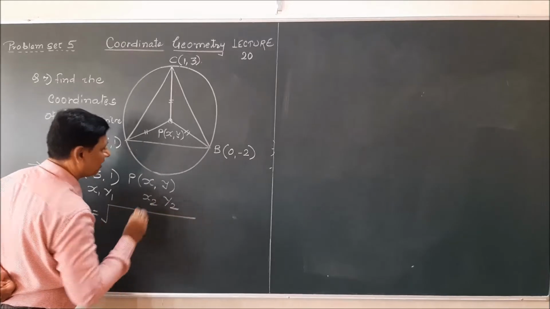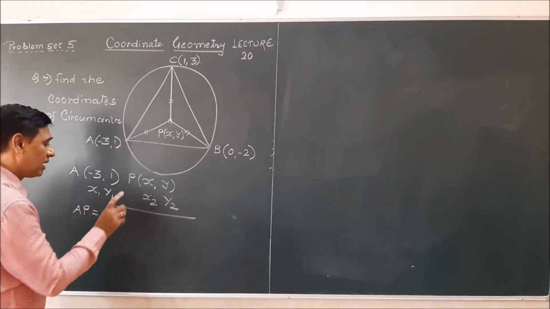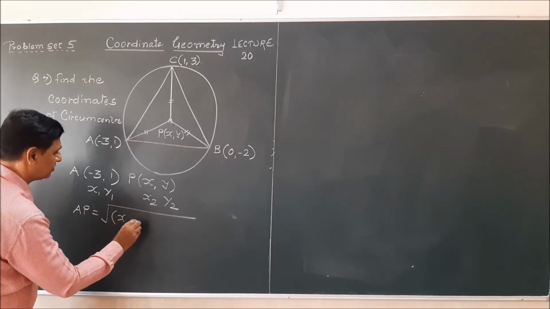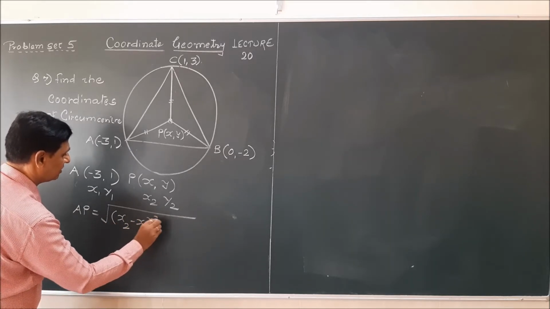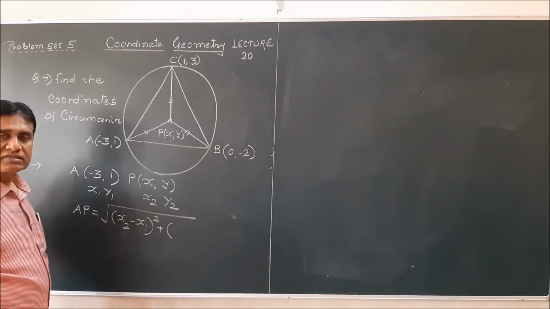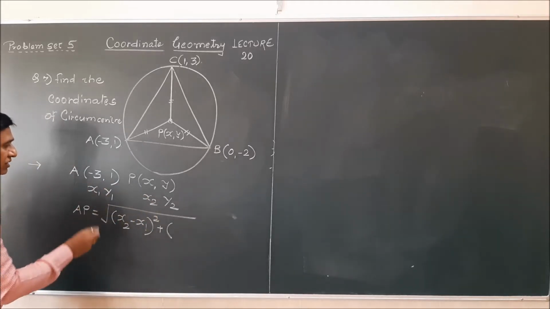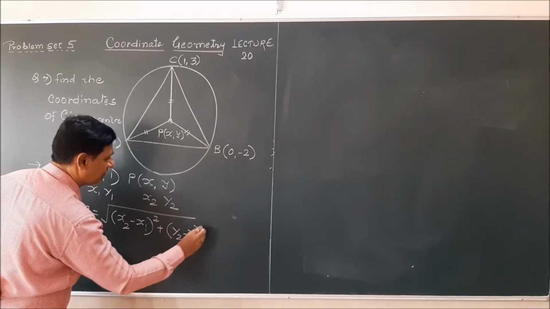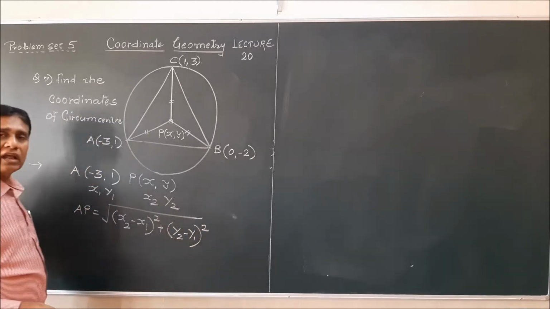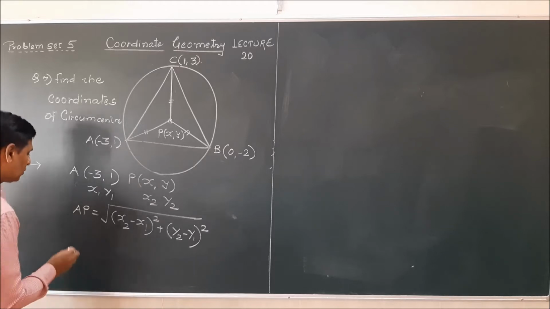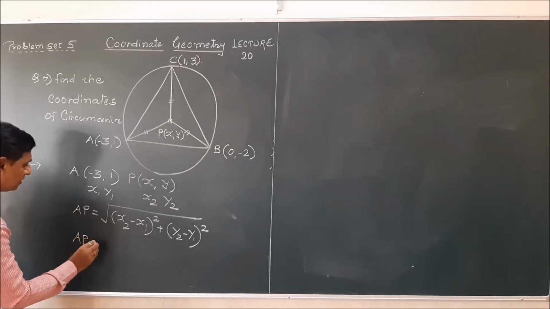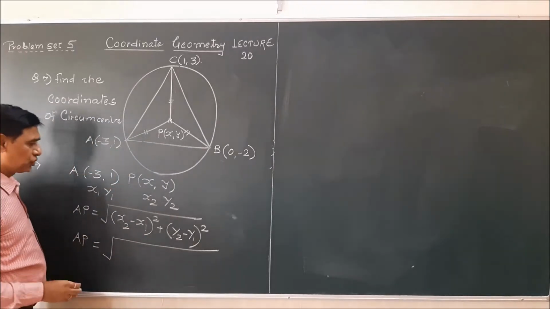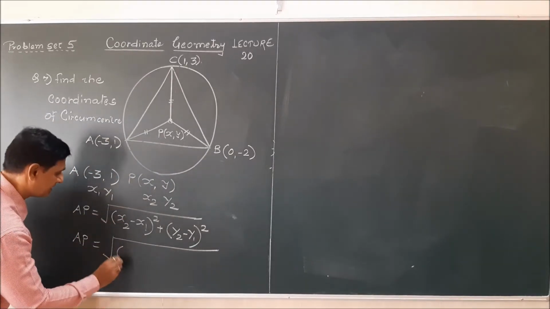What is our distance formula? Square root of x2 minus x1 the whole square plus y2 minus y1 the whole square. Here I use the distance formula only. So AP is equal to root of x2. What is x2? x.